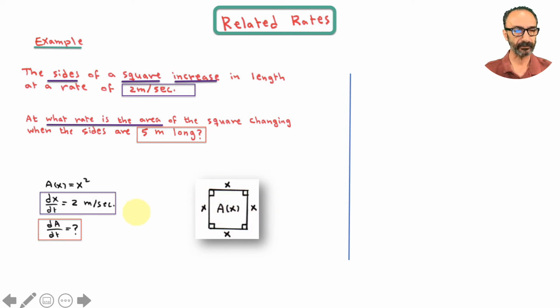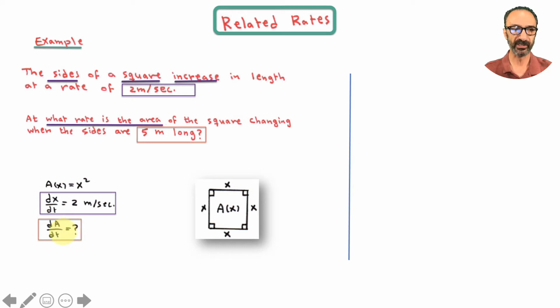Next, we know that this function is x to the second, x times x. dx/dt is 2 meters per second. The side increases with this speed. And they want what rate the area of the square is changing. dA/dt equals what?